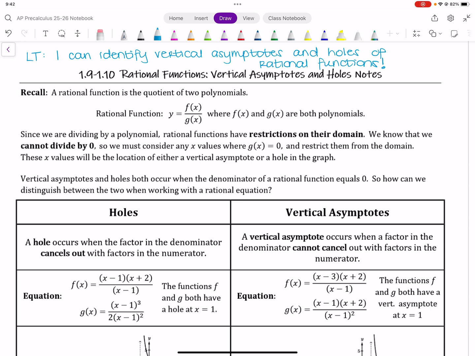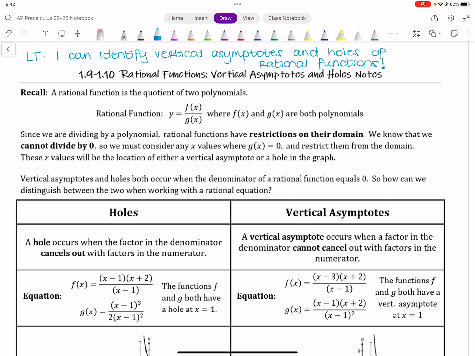So if you remember from our last two sets of notes, a rational function is just the quotient or ratio of any two polynomials. And we normally write it as f of x divided by g of x, where f and g are your polynomials.